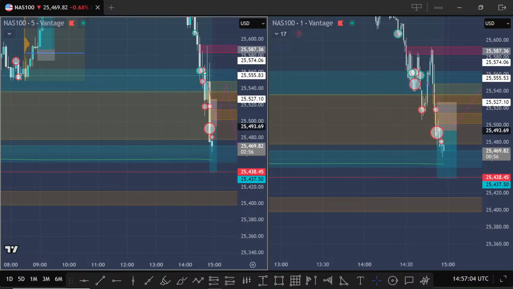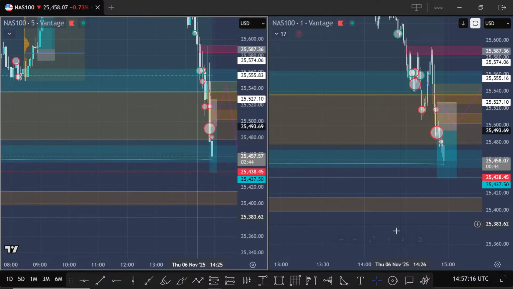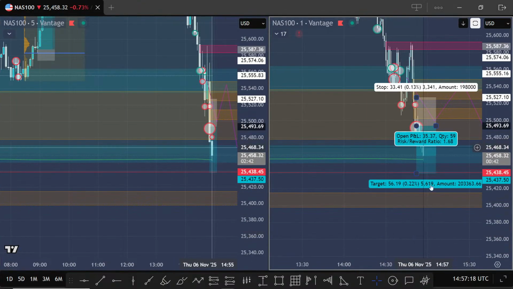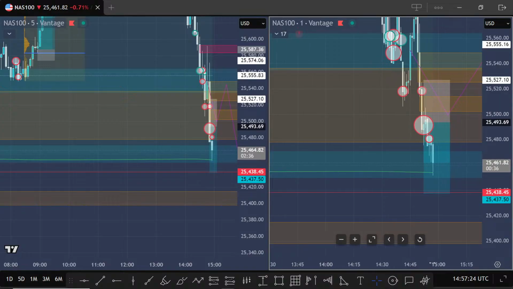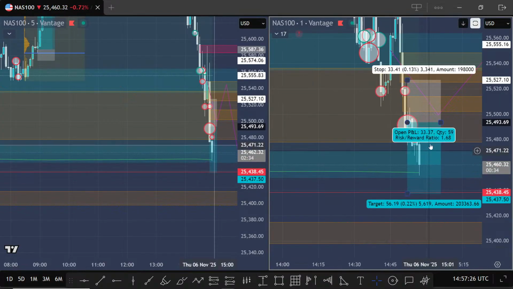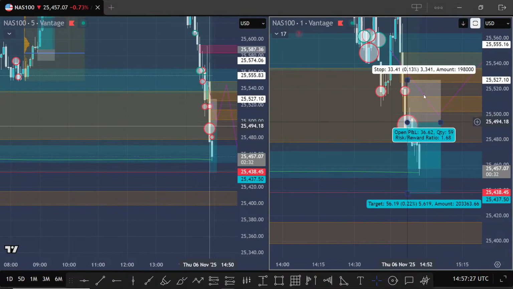let's see if this big sell holds. Okay, so I'm at break even on my first of two entries here, because my first entry was actually above this big sell.